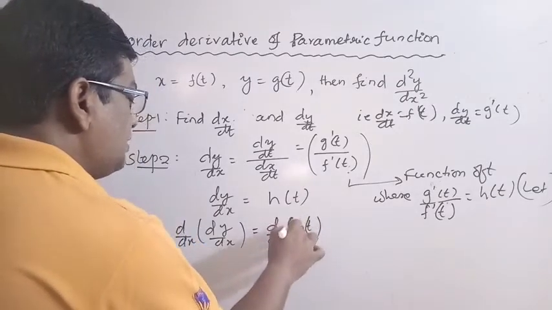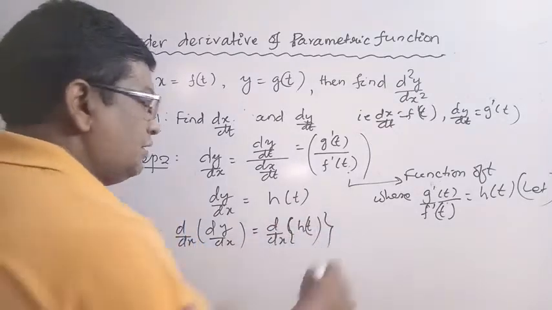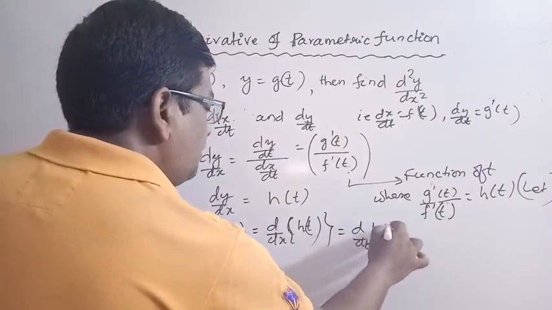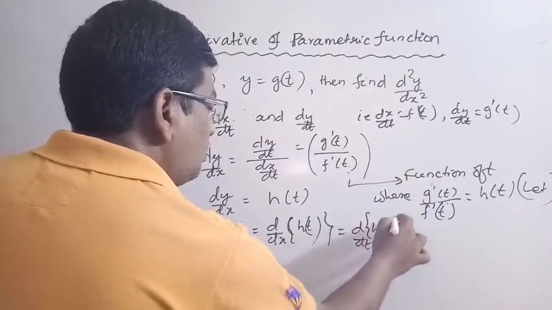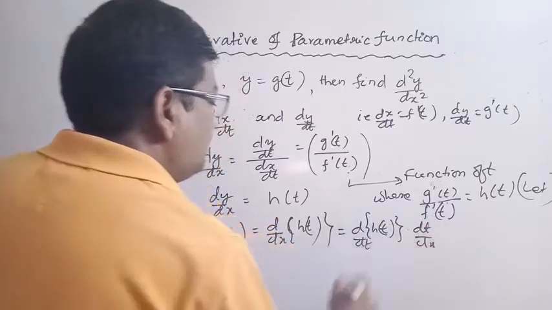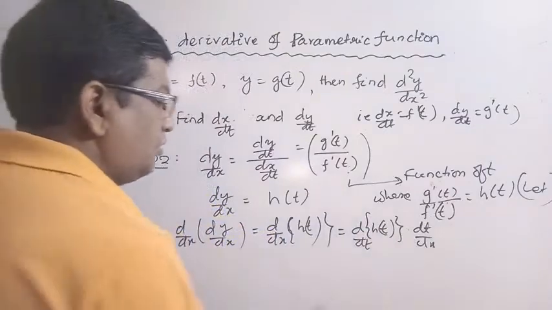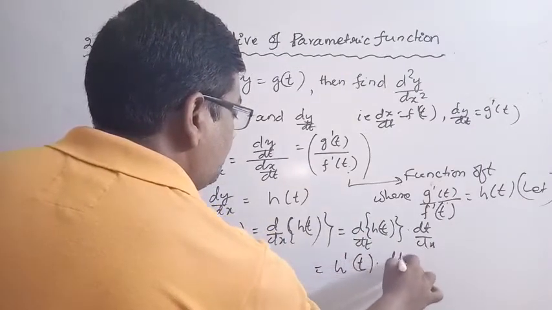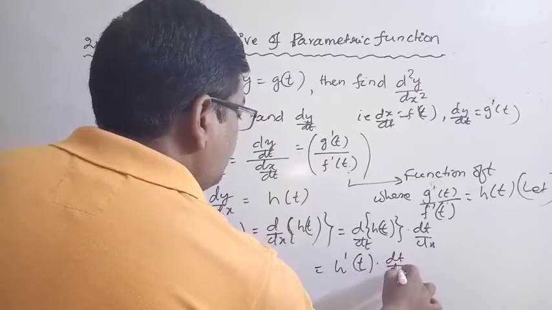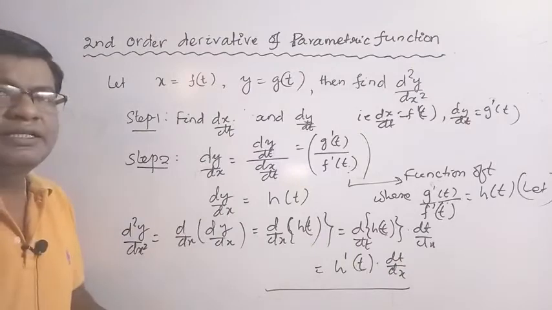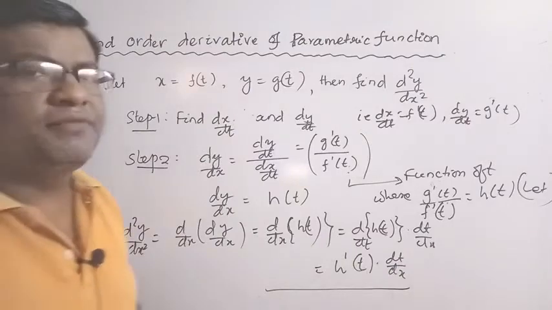First differentiate with respect to t, that is equal to d by dt of h of t into dt by dx. This is equal to h dash t into dt by dx. This is the procedure to find the second order derivative of the parametric function.